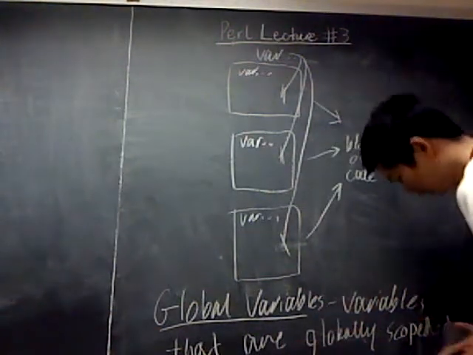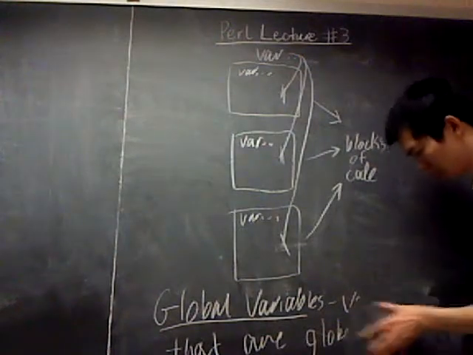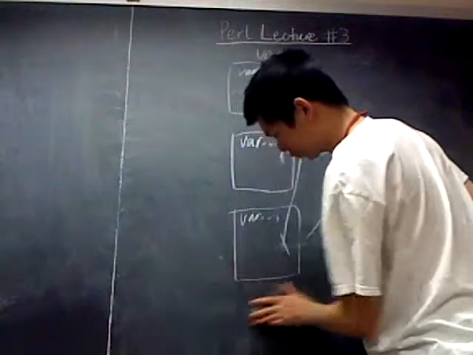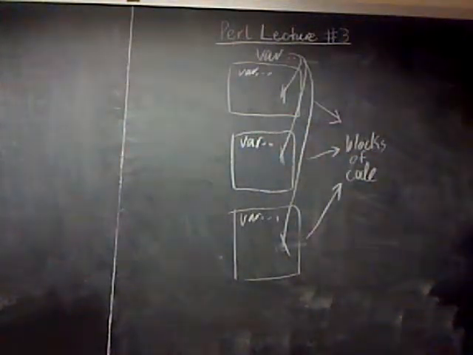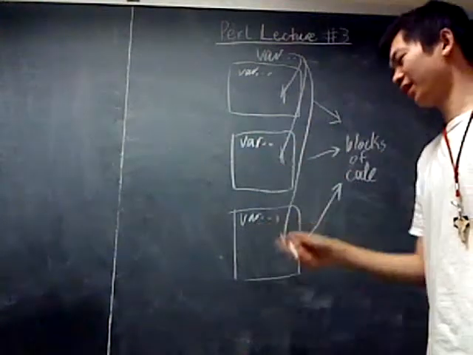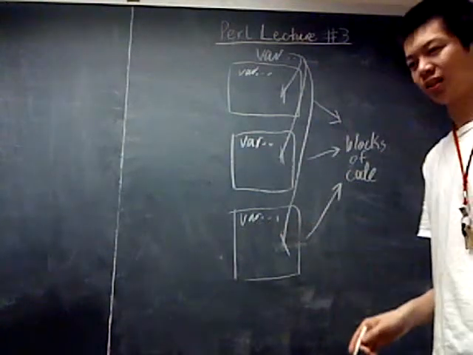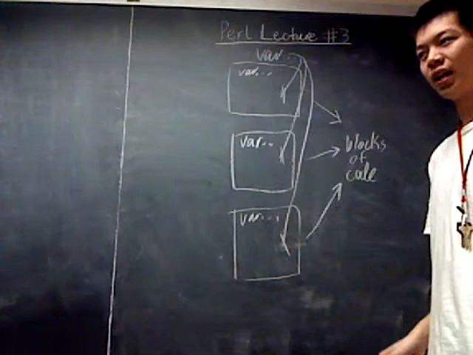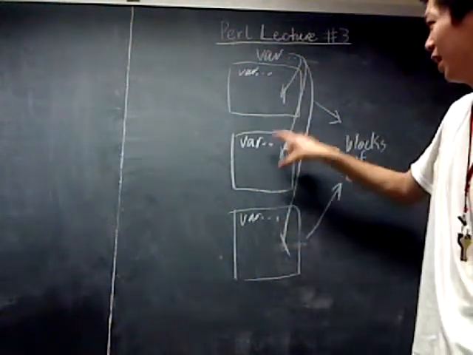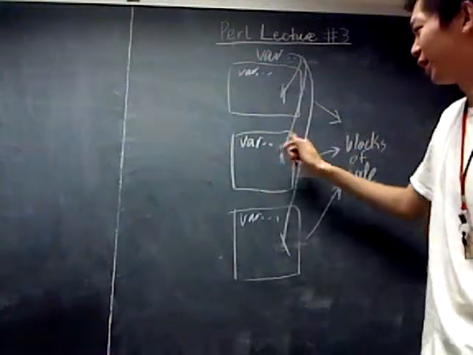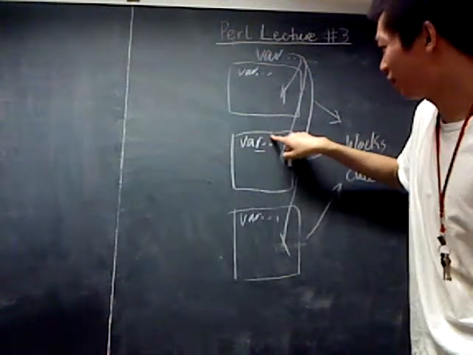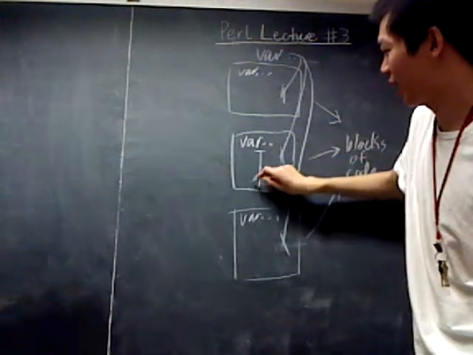Let me erase this now. Well, these variables are specified within their particular blocks, and their scope is, in essence, restricted. They don't have the global nature. These variables can only be used from when they're defined in this block to the very end of the block.